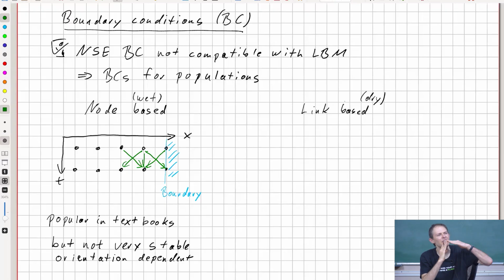So you can have a convex corner, you can have a concave corner, then you have more incoming populations or fewer incoming populations that you can treat to solve your problem. So I think initially, yes, and I said they are difficult. I should also say they are difficult to generalize.